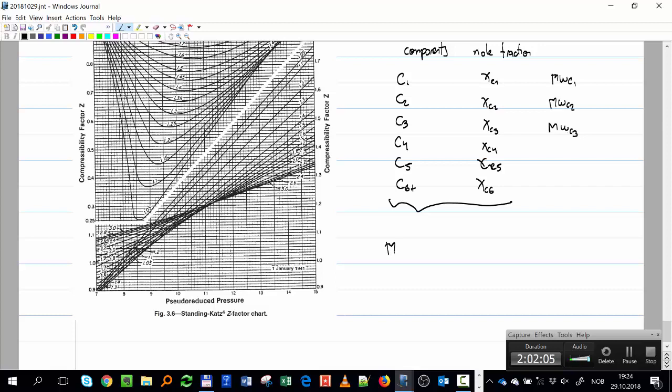So the molecular weight of the mixture will be equal to the sum from i equals 1 to n, where n is the number of components, of xi times molecular weight i. I'm just summing all of them, multiplied by how much you have of each substance.